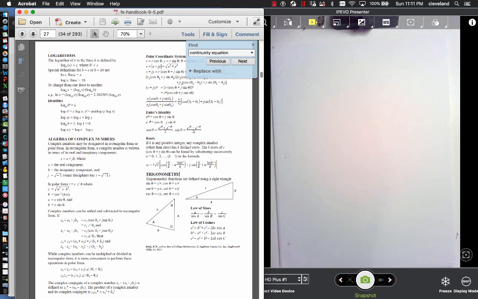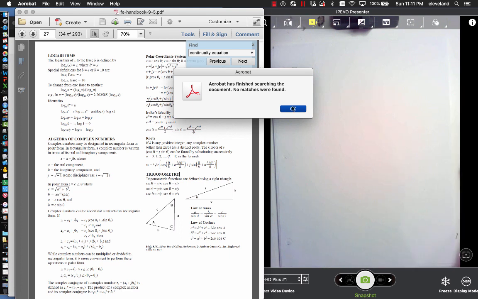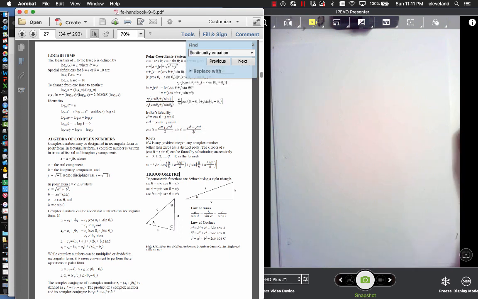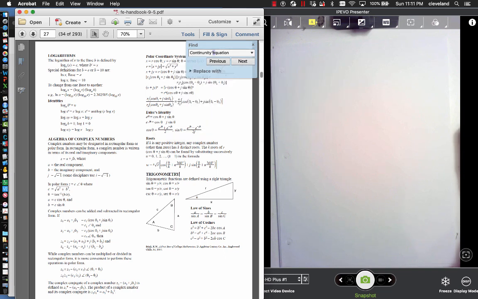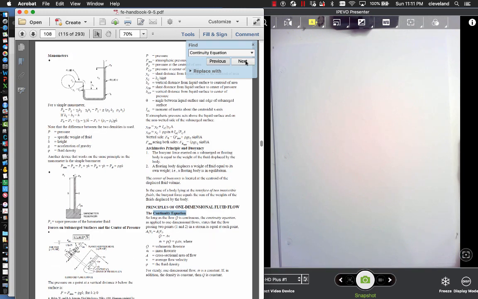Continuity. It really can't find it. Apparently spelling matters.